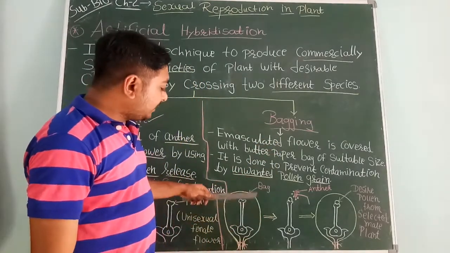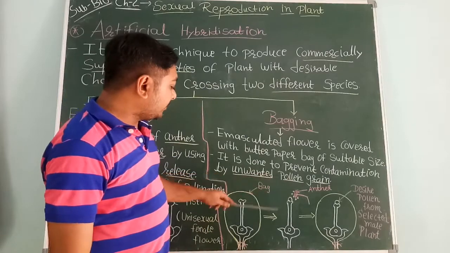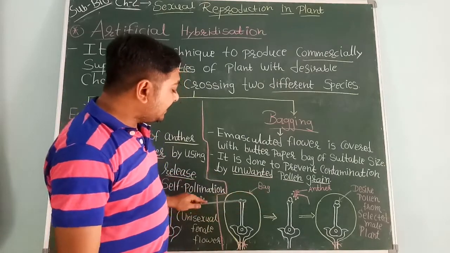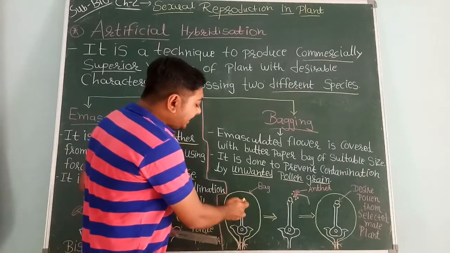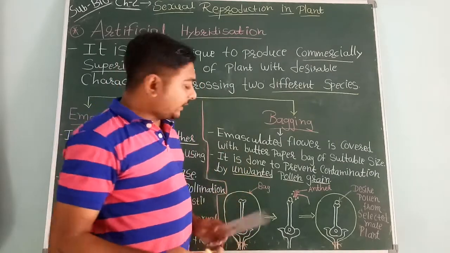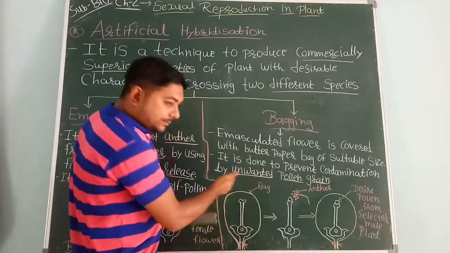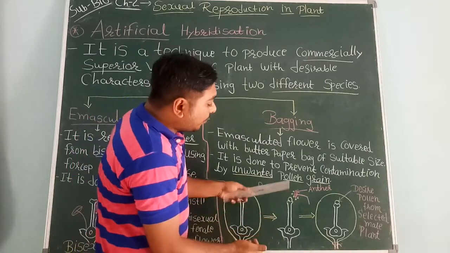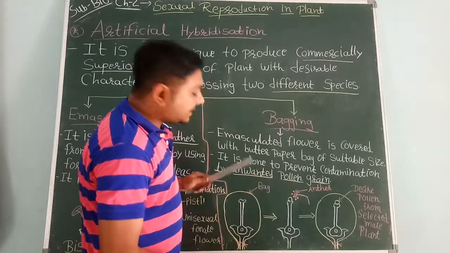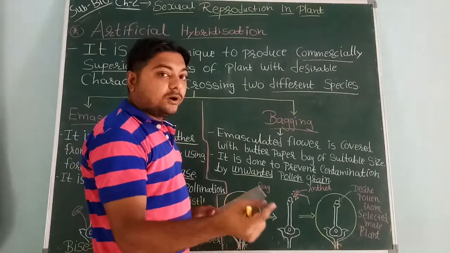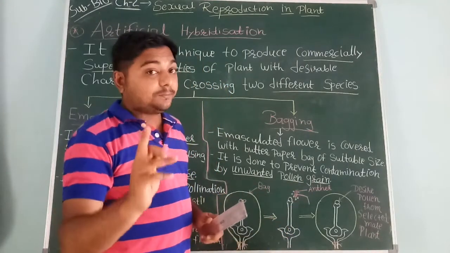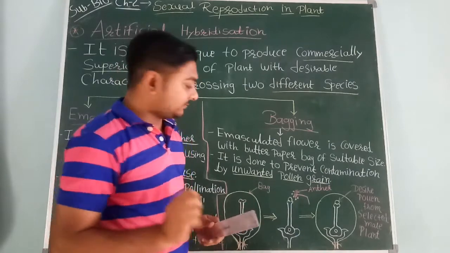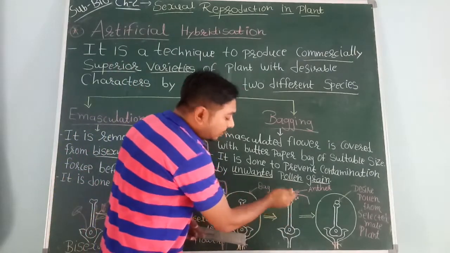When the stigma attains receptivity, it means the stigma becomes mature, at that time the bag is removed and pollen grains are dusted on the stigma. These pollen grains are released from the desirable anther of the desirable plant that we have selected as the male plant, and they are transferred onto the stigma.